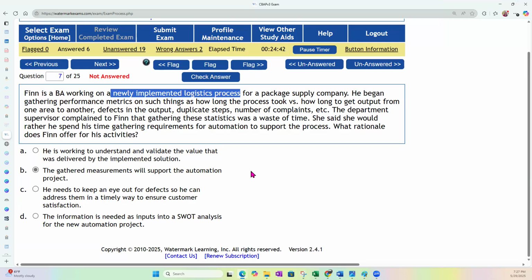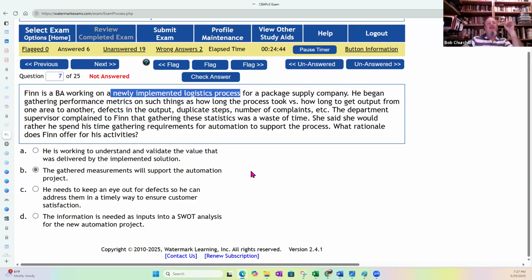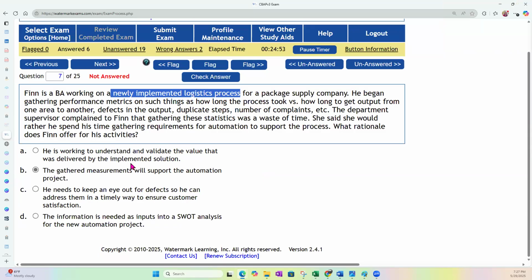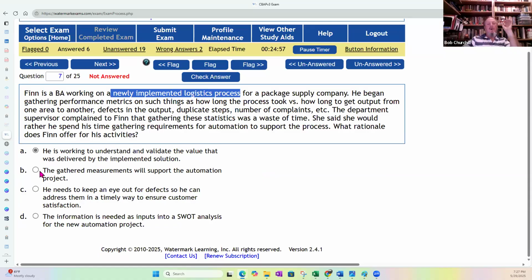It seems to me that he's trying to do A to figure out what's going on. That would be a baseline. Yeah. And then maybe B would apply. But what he's actually doing now. So you feel A is the correct answer, Bob?